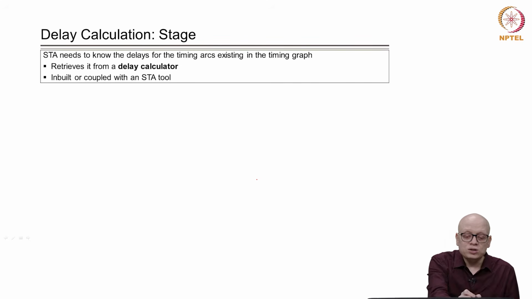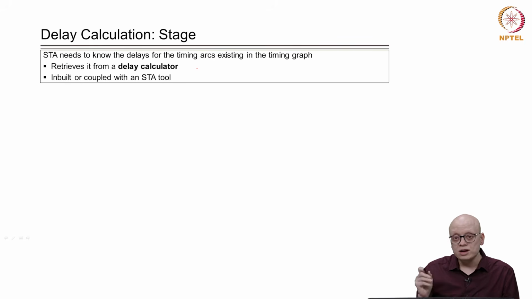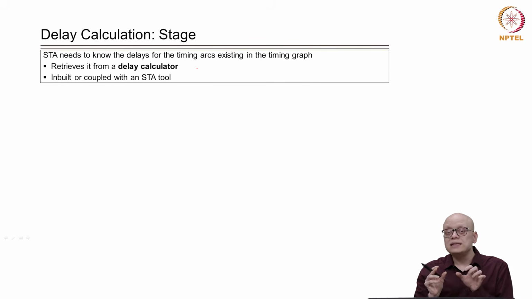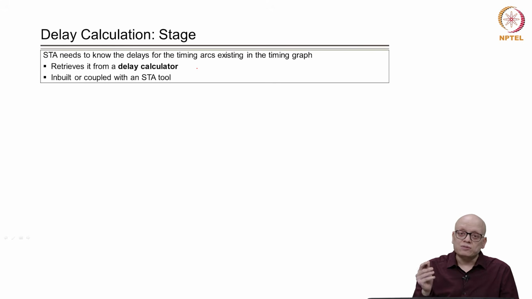The STA tool needs to know the delay for the timing arcs, because once the delay is computed, then only the other timing attributes such as arrival time and required time can be computed. Typically, the STA tool is coupled closely with something known as a delay calculator, and the STA tool will retrieve the delay of each timing arc using the delay calculator.